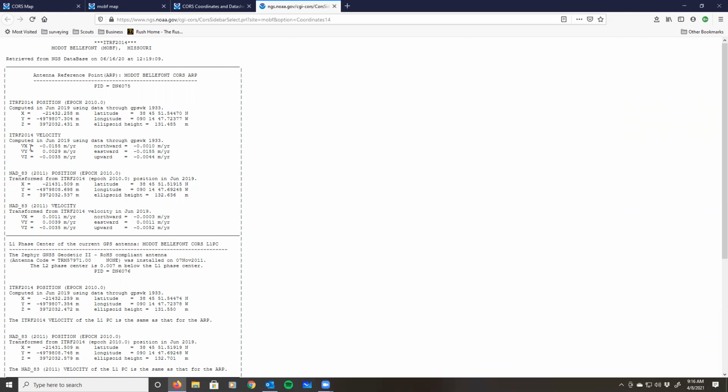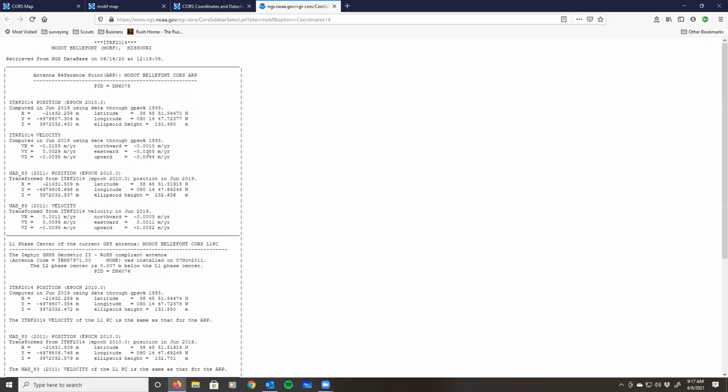But you'll see that it has an X, Y, and Z motion, or an X, Y, and Z velocity. So for example, the velocity in X, or northward, is a negative value, so it's moving 1 millimeter to the south per year.